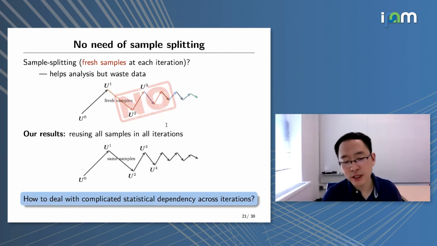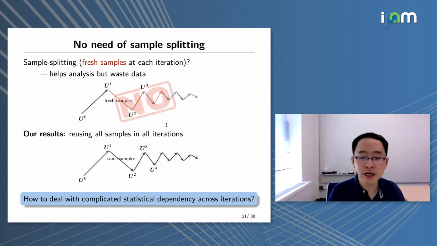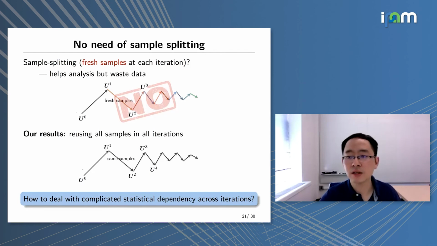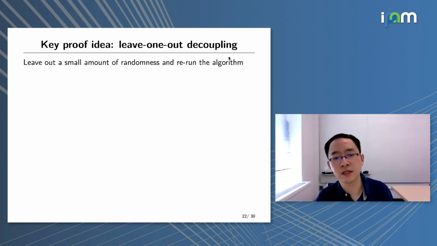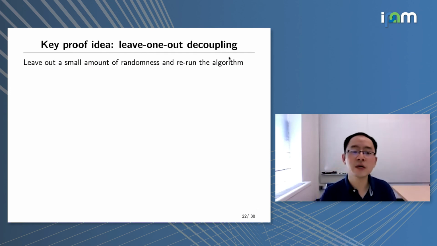Now the question is, as you can imagine, it becomes much more complicated to deal with the statistical dependency across iterations, and what should we do? I don't think I have enough time to talk about the analysis, but let me just give you some keywords underlying our analysis, which is the so-called leave-one-out decoupling idea.